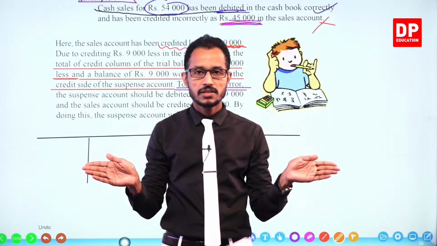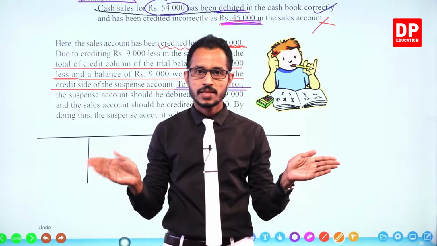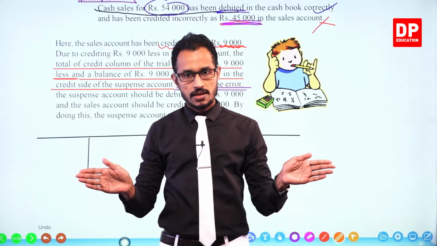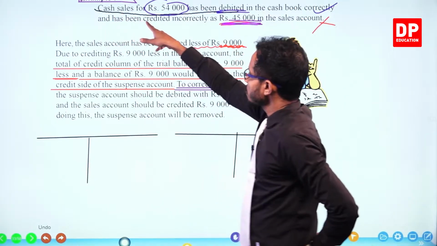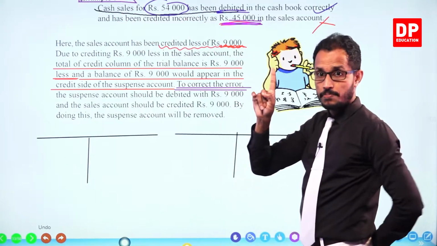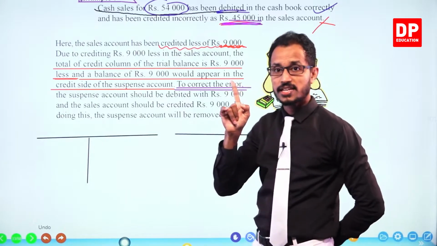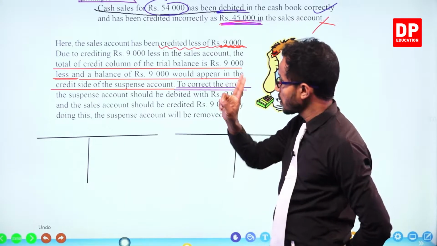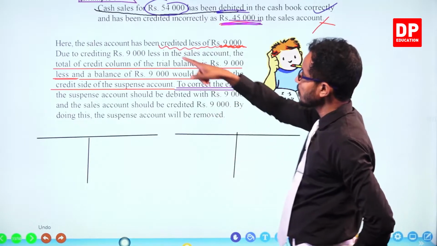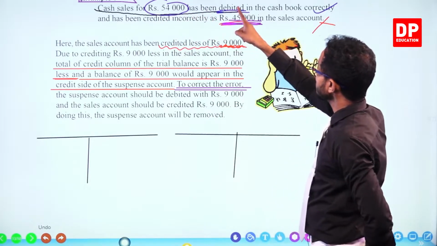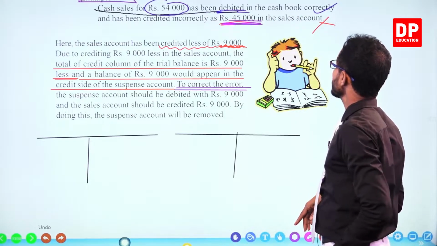Cash, debit, sales, credit. Okay. That is the first step. Second step, children, is to identify the error which has happened. 54,000 has been debited in the cash book correctly.